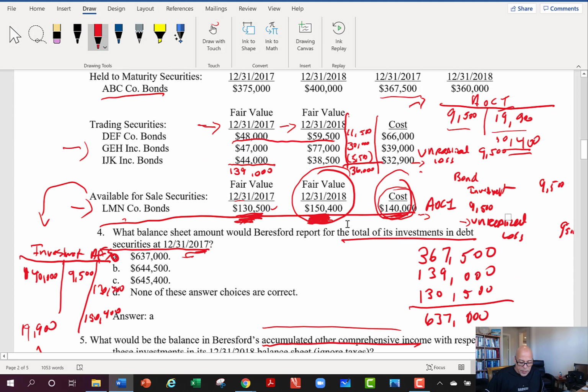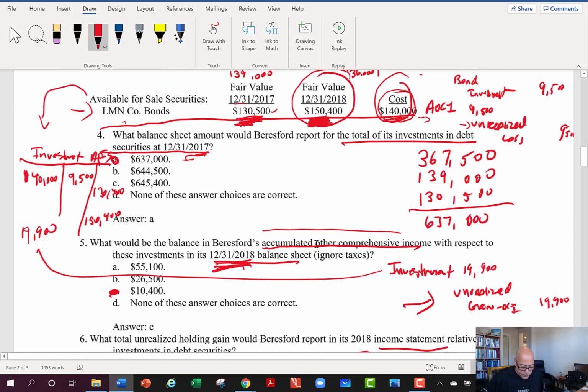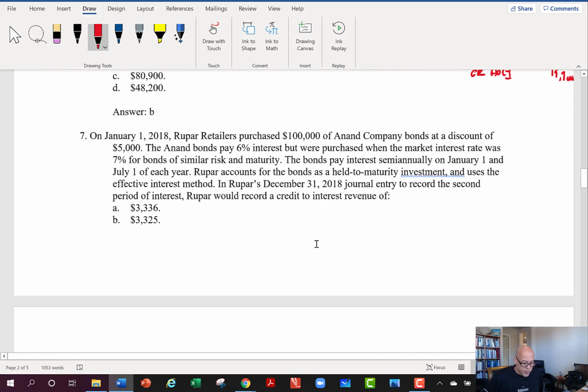And for my available for sale, if they're asking you at any point in time what the amount should be in the accumulated other comprehensive income, it's the difference between the cost and the fair value, whatever date they're asking you. Okay? All right, good. So go back through that. I don't know that I would give you something quite that tough on your exam with all the different categories moving in different directions, but that is a good review as to how we treat the different categories in a nice comparison.